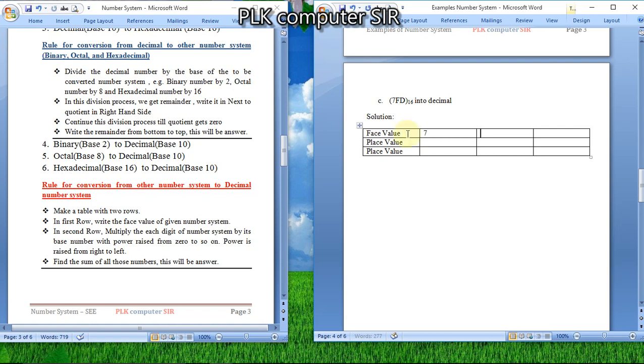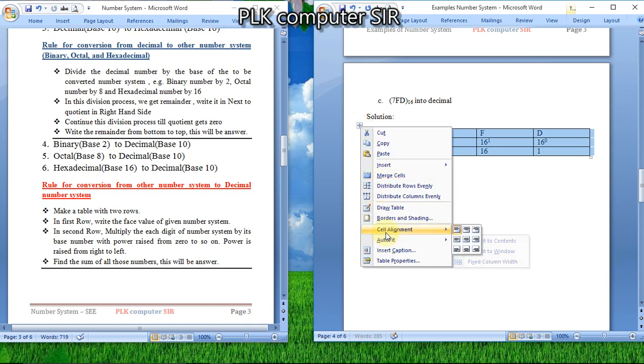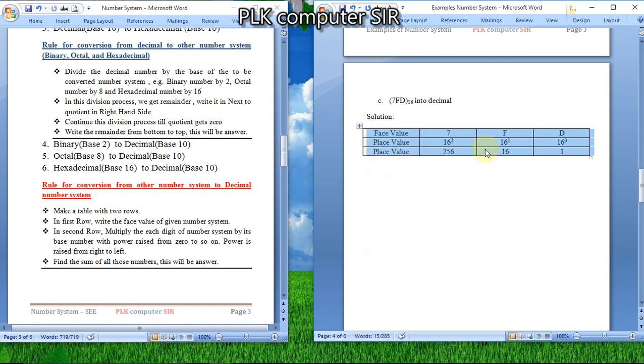Our question is 7FD as face values. In all we have to write the base, so power will be 0 from the right hand side, then 1, then 2. Okay, my dear students. 16 into 16 is 256. 16 ones are 16. 16 to the power 0 is 1, because in algebra you know the rule of indices, so anything to the power 0 will be 1.